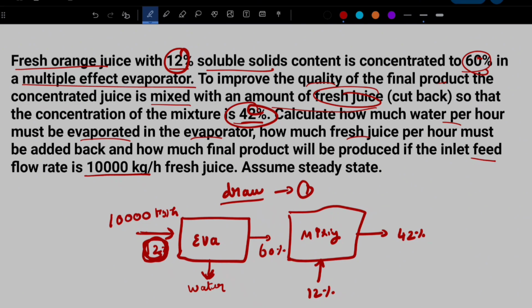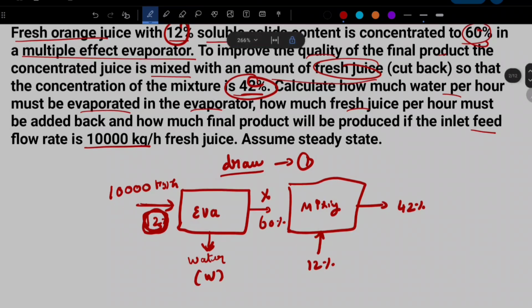So first, we need to assign some variables to calculate this. To simply put water, I'll put W. How much is coming out from the first system, I'll put X, because I don't know X. And the fresh juice we are adding the second time, we don't know how much, so it is F.